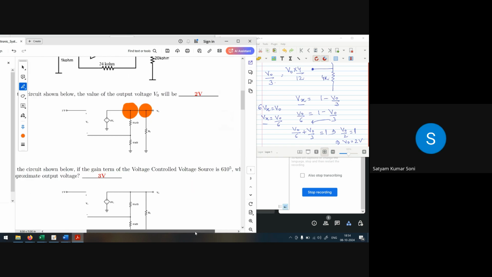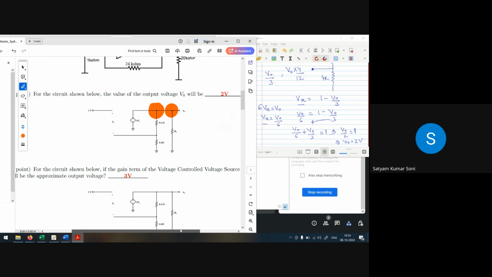Sir, why do we use the voltage divider across 4 kilo ohm? Across 4 kilo ohm, because I have to calculate the value of Vx. It is a voltage dependent voltage source, so without calculating the value of Vx, we can't calculate the value of V0.